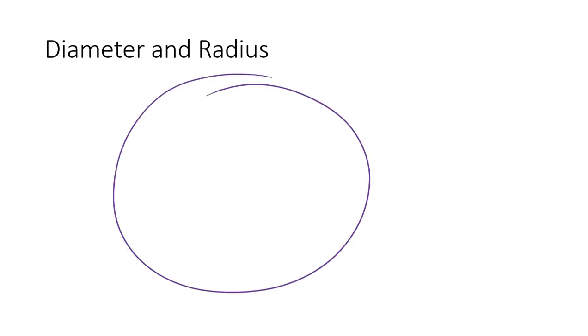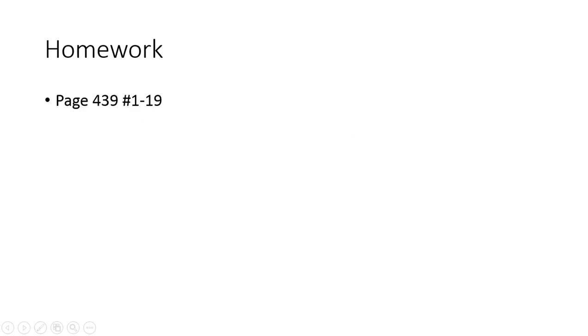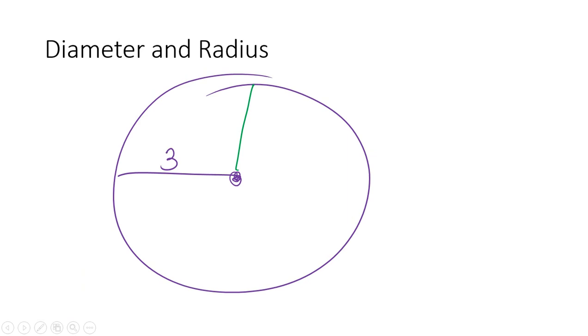So let's say I have a circle, and here's my center, and I draw a radius of 3. Let's do it in green. So this green line and this green line.